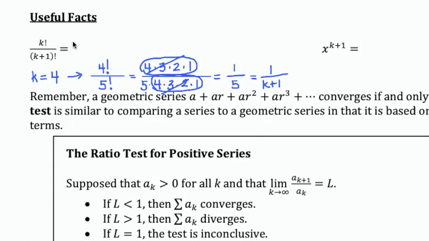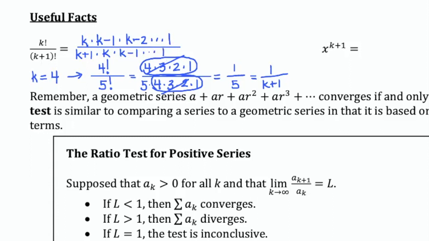In other words, k factorial is made by writing out the terms k times k minus 1 times k minus 2, all the way down to 1. When we write out the terms of k plus 1 factorial, we're starting at k plus 1, multiplying that by k, multiplying that by k minus 1, and so forth, all the way down to 1.